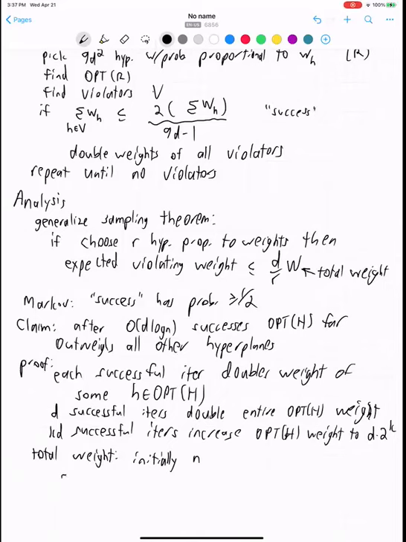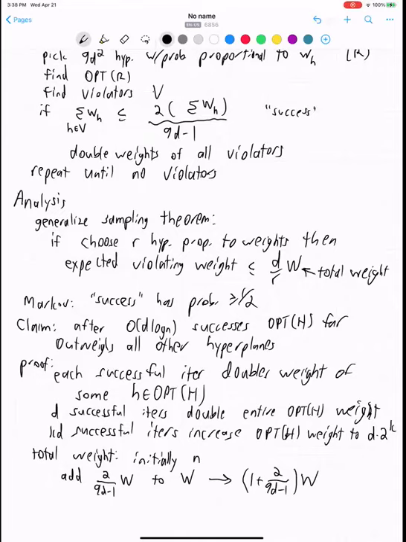We add 2 over 9d minus 1 times the total weight, which means we end up with 1 plus 2 over 9d minus 1 times the weight at the start of the iteration.